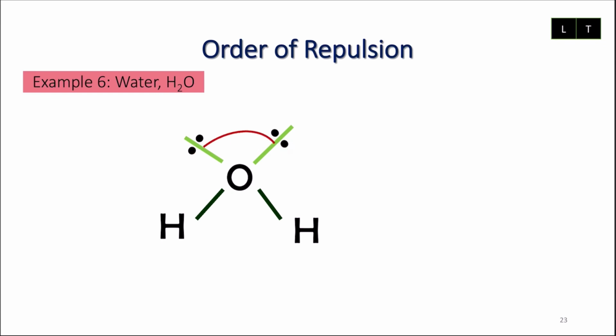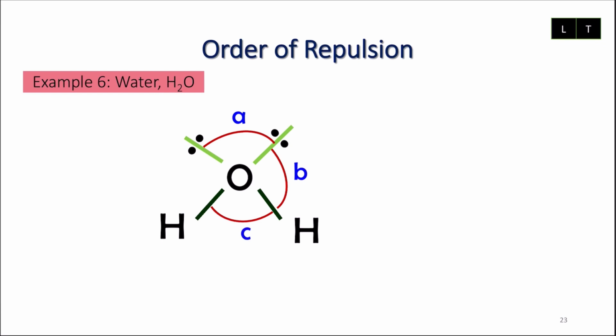We indicate it as A. After that, we have the repulsive force between lone pairs and bonding pair. We indicate it as B. And the last one, we have repulsive force between bonding pair and bonding pair. We indicate that as C.